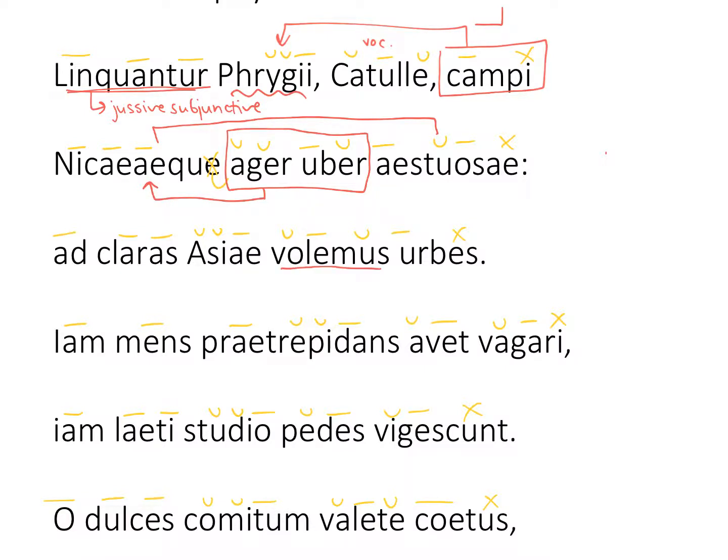Instead, we're going to go somewhere else. Volemus. Let us fly. So this is from volo, volare, meaning to fly. Let us fly. This is a hortatory subjunctive. To ad claras orbes, to the cities, the famous cities of Asia.